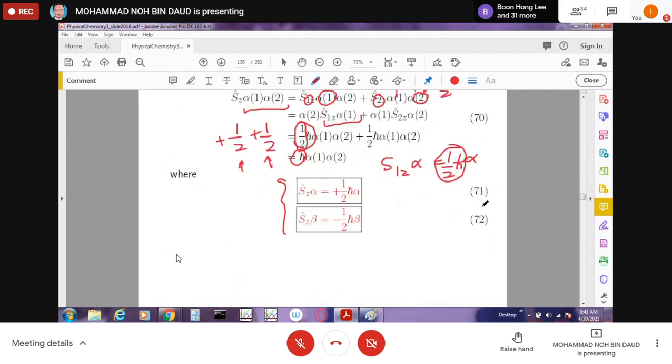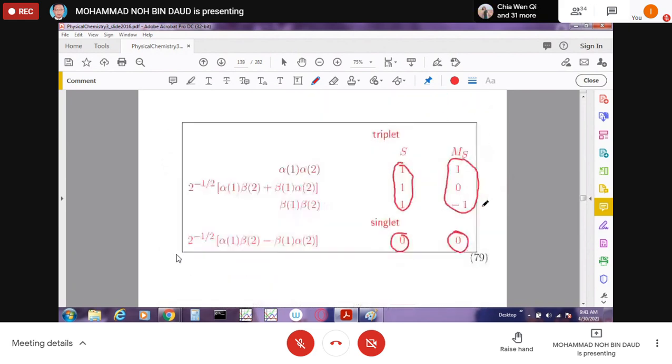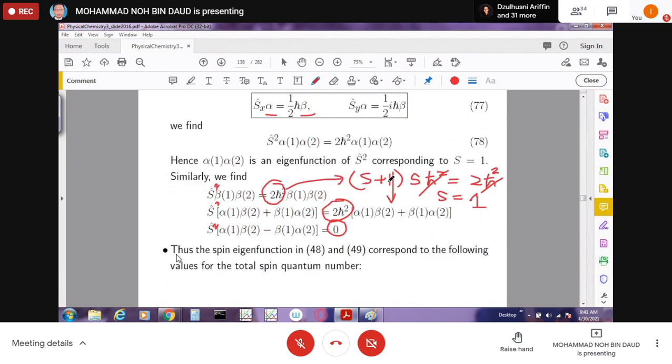This is SZ. Okay, so this is 1. For the 0, this one, okay, this is 0 H bar square.